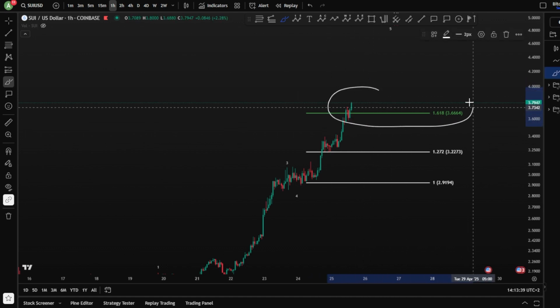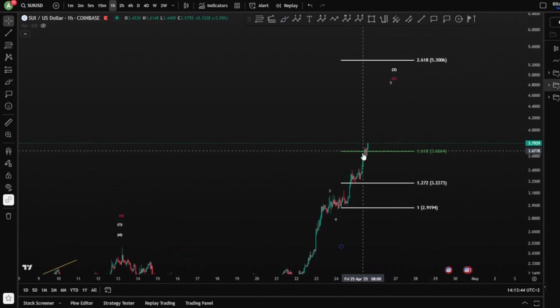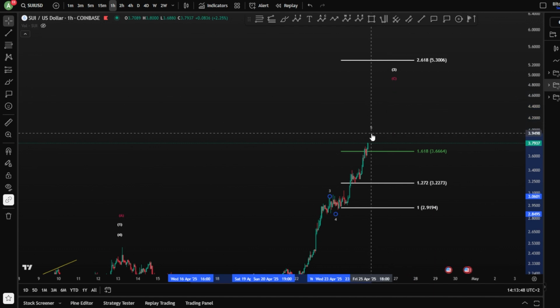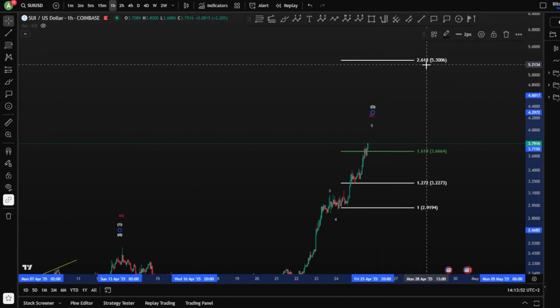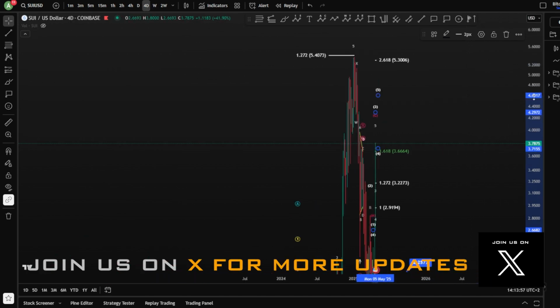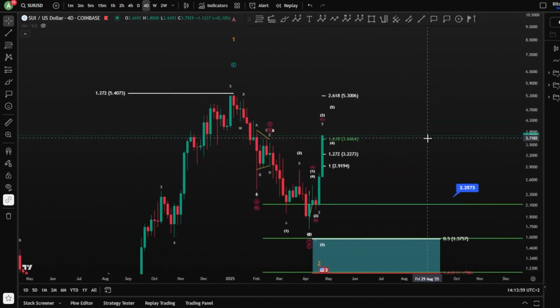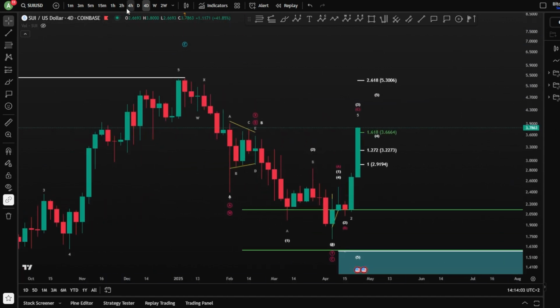So guys, we hit the 1.618 for this wave 3, and currently you're just moving in the void for a wave 5. Where it's going to stop, nobody knows, guys. It can reach the 2.618, $5 directly, which I think is almost the all-time high for SUI. So yeah, you have to be careful with it, guys.